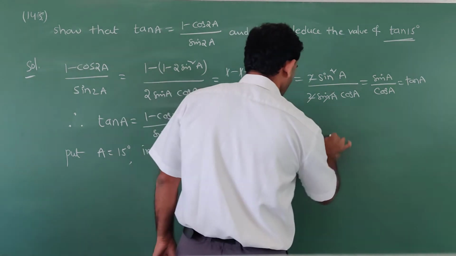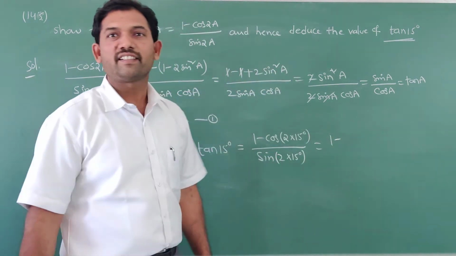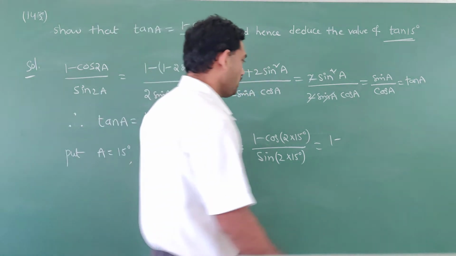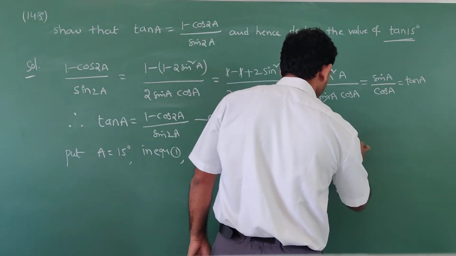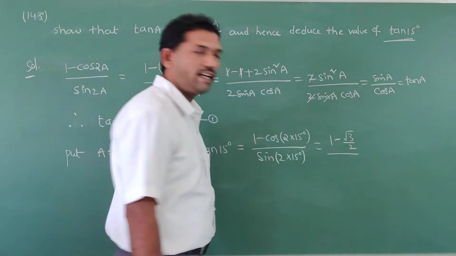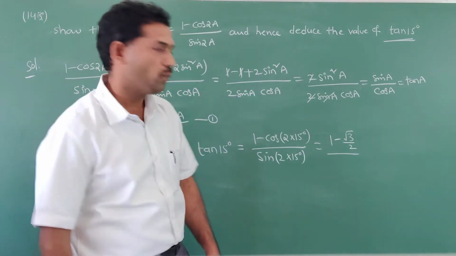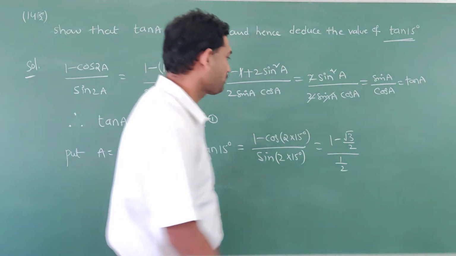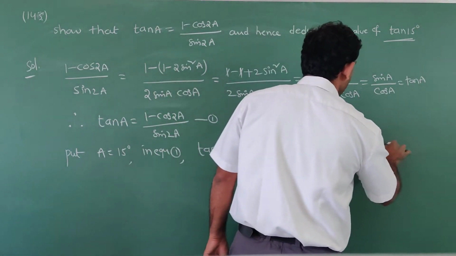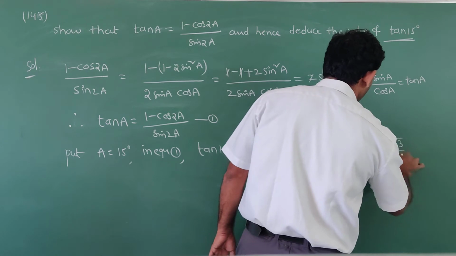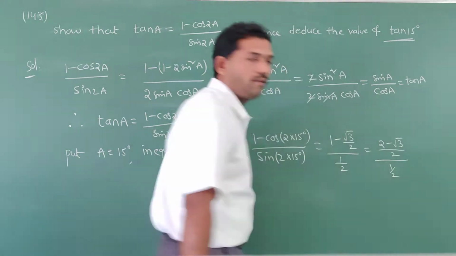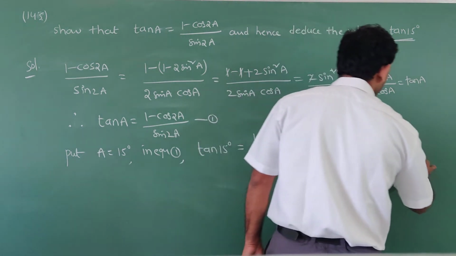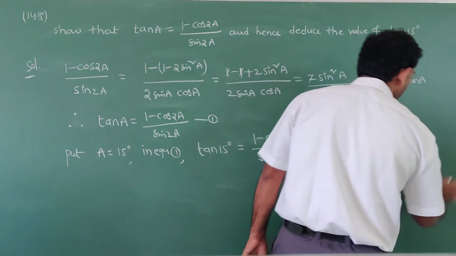Now 1 minus cos 30 degrees. Cos 30 degrees value how much? Root 3 by 2, divided by sin 30 degrees value 1 by 2. Now simplify this. So 2 minus root 3 divided by 2, divided by 1 by 2. Now simplify, 2 gets cancelled. So remaining 2 minus root 3.